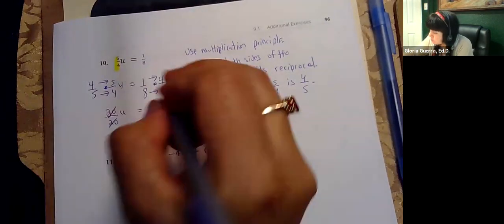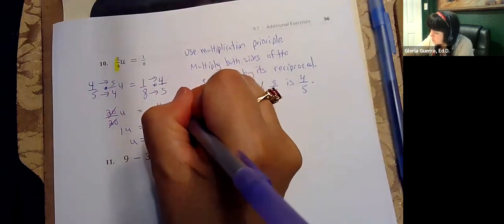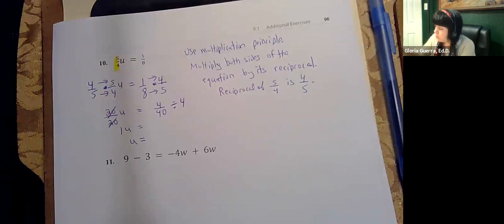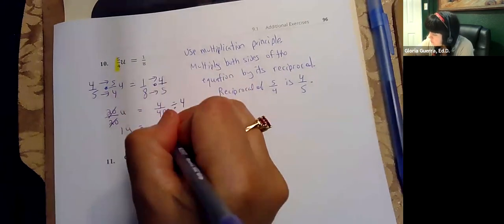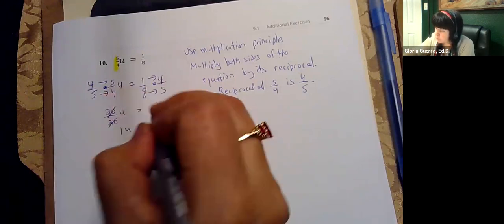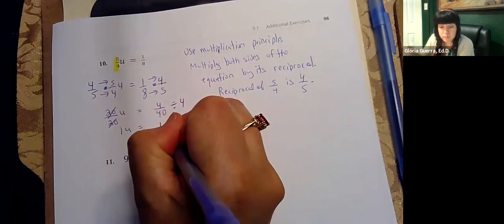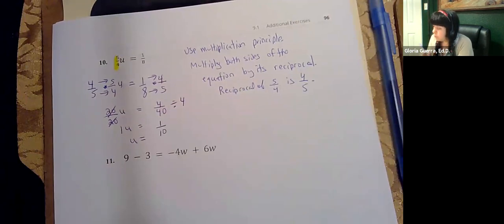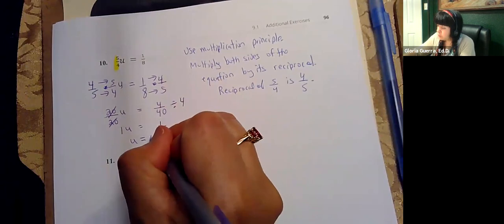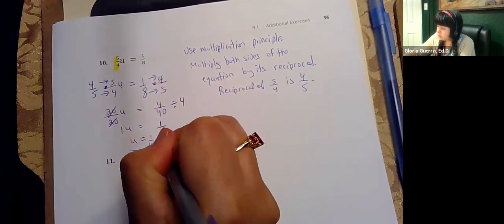If I reduce that, you can reduce by 2, but you get there a little bit faster if you reduce by 4. 4 divided by 4 is 1. 40 divided by 4 is 10, right? And so you end up with u equals 1/10.